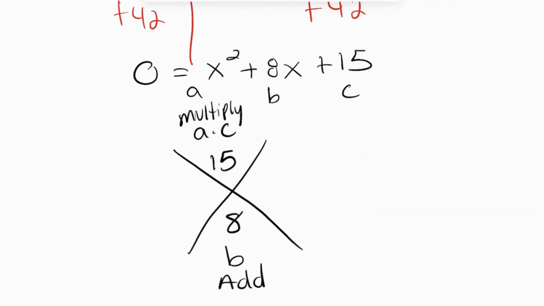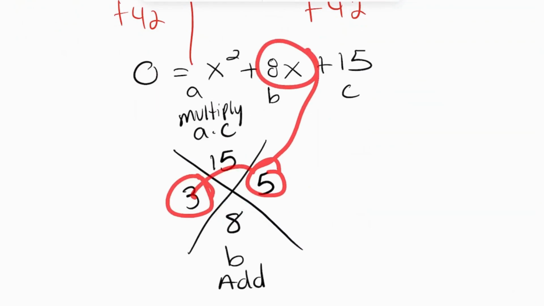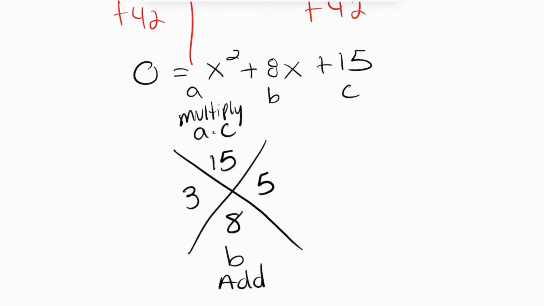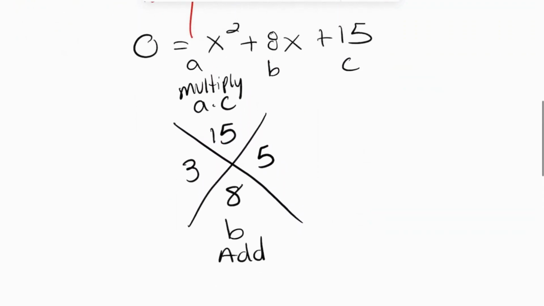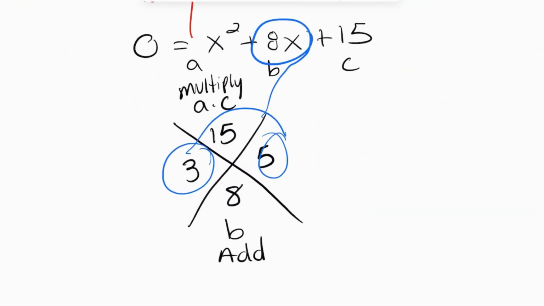But 3 and 5 work here, because 3 times 5 is 15, and if you add 3 plus 5, it gives you 8. So I'm going to take these two numbers and replace our middle term with them.